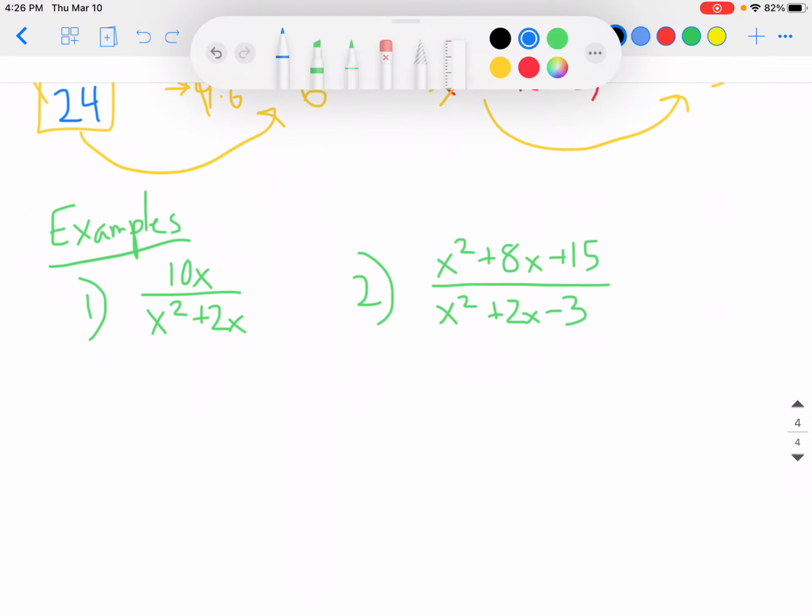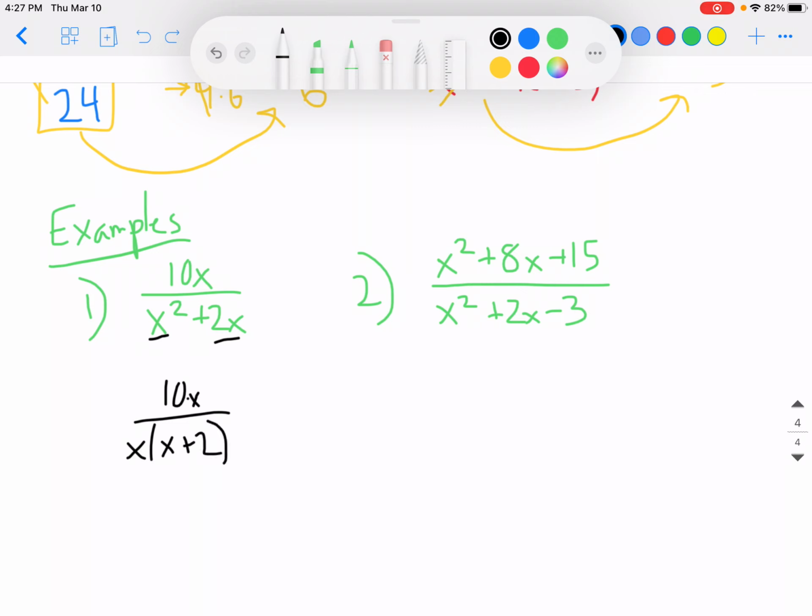Let's take a look at a couple of examples for how this could go down. In our first example, we have 10x, and then we have x squared plus 2x. Well, 10x can't really be simplified any further, so I'm just going to let that be. But I can factor out an x using the GCF method, and I get x times the quantity x plus 2.